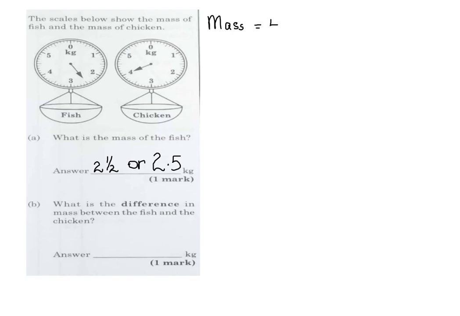So if you want to get the difference, all we have to do is take away 2.5 from 4. If you're using a fraction, you're going to end up with a fraction. If you're using a decimal, you're going to end up with a decimal, and either one would be correct. So the difference is 4 take away 2.5, whichever form you want to use, right?